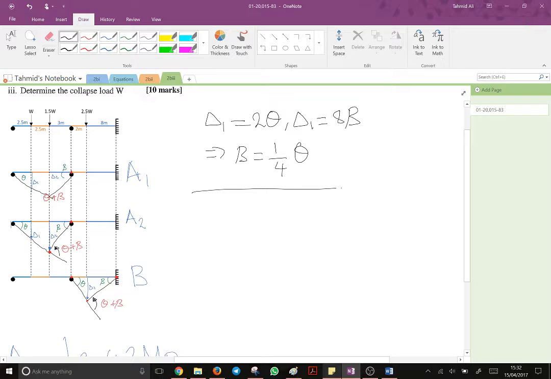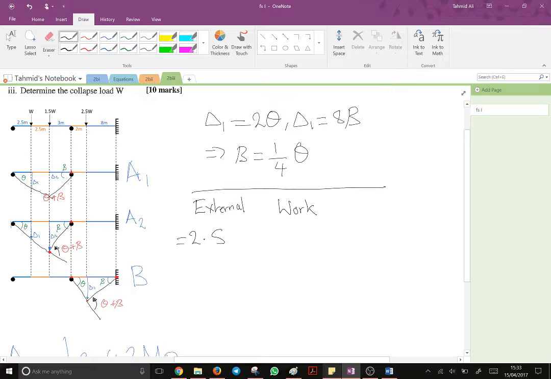Now I'm just going to do internal work here. Actually sorry, let's do external work first. It's probably better to do first. Actually it doesn't matter, but in this case we have a 2.5 W load, which is causing delta 1 to occur.